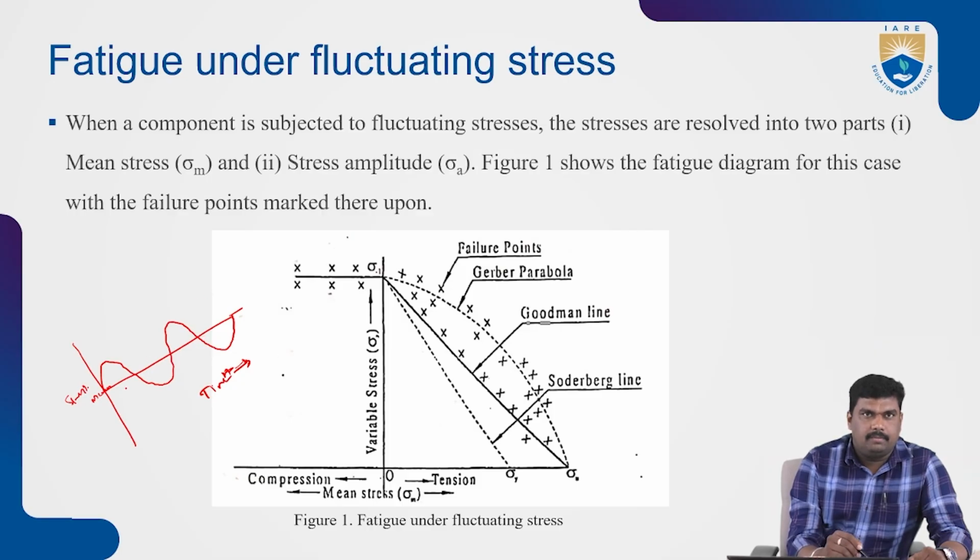Proper bending means tension, and at the same time equal compression also. So now there are two components, mean stress and stress amplitude.